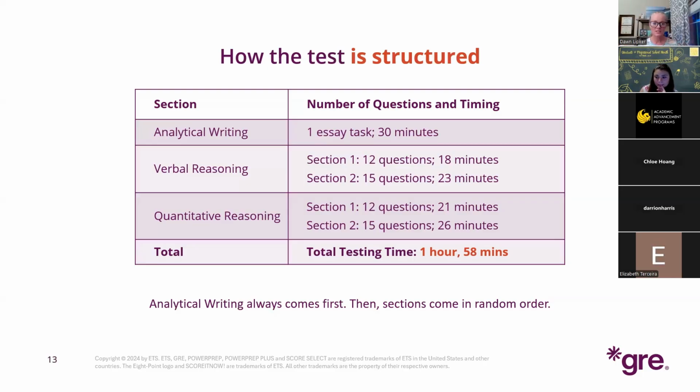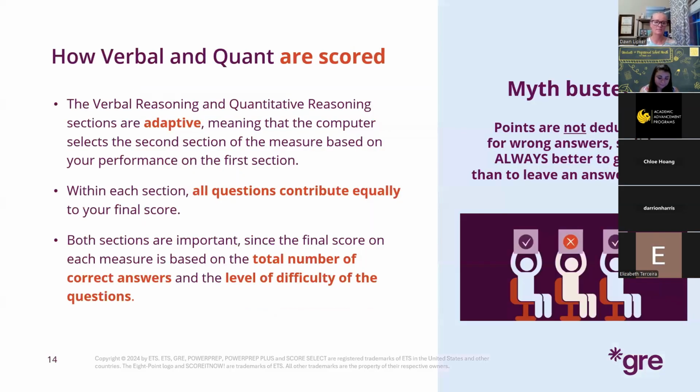When that section is completed, then you'll finish your final section, which for this example would be quantitative reasoning. That means that the total testing time is just under 2 hours. And that also means that there are no breaks for the GRE. If you need a break, if you take medication during a certain time, that's an accommodation that you can request prior to your testing date.